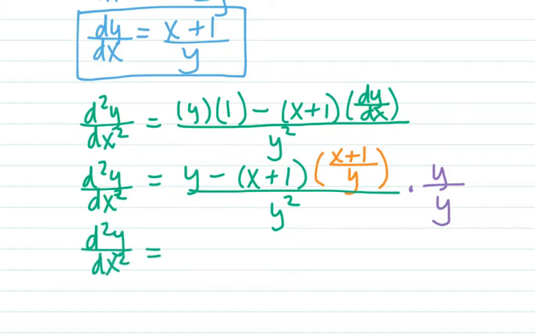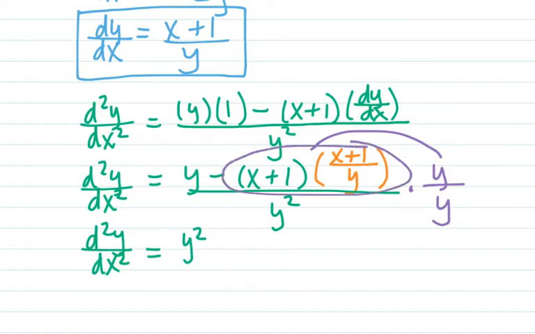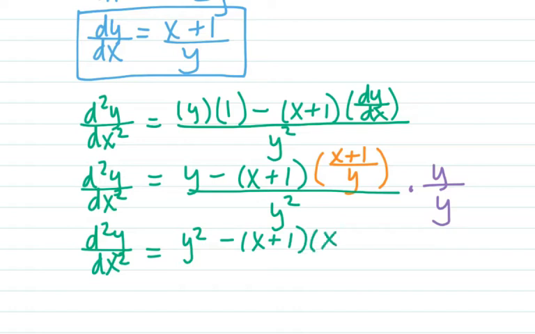So on the top, we're going to get y times y, which is just going to be y squared. Again, that second piece, it's really going to get multiplied by that whole thing, but in reality, it's just going to cancel out that denominator there. And that'll leave us with minus x plus 1 times x plus 1.